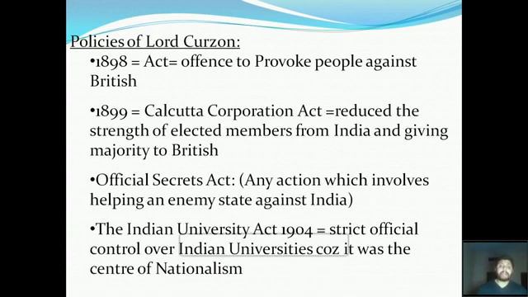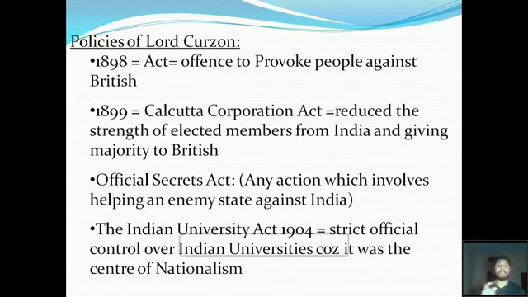That means, as per this act, if I am making a very long speech against the British, and the audience listening to me gets charged up and starts to fight against the British, then I am considered a traitor, because I am not ready to follow the rules and regulations of the British. I am not loyal to the British. So provoking people against the British was considered an offence. It was an act introduced by Lord Curzon in 1898.